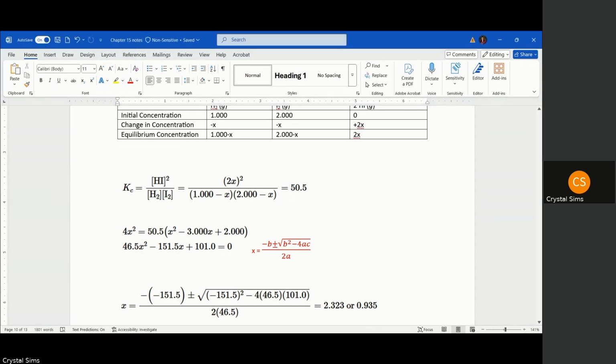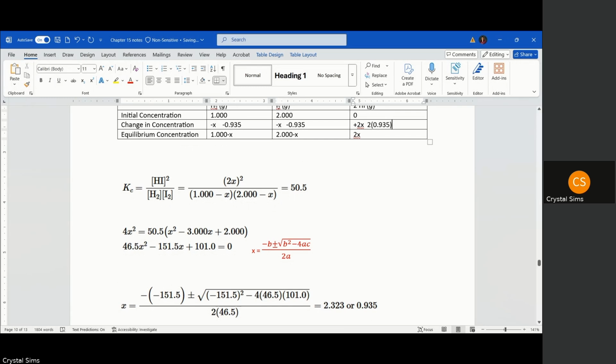So I'm going to come back up to my table, and I know now that this represents minus 0.935. Normally you would cross this out, but I'm leaving it in here so you can see what I'm doing here. And so I'm going to multiply now.